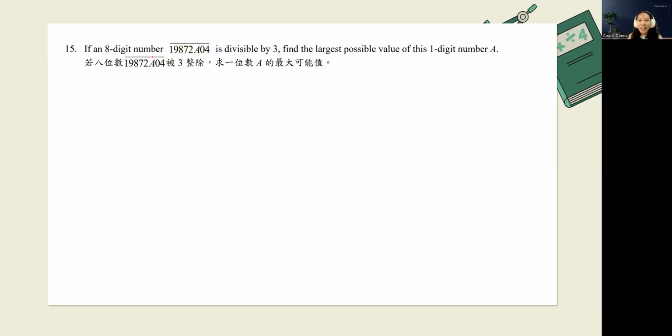Let's find out. If it's divisible by 3, remember the divisibility rule of 3, we need to add all the numbers. So 1 plus 9 is 10. 8 plus 2 is another 10, that's 20. 7 plus 4 is 11, that's 31. 31 plus A is the result.